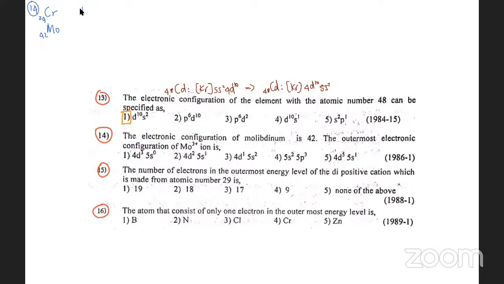For molybdenum, if you write the electronic configuration 42, how will it go? Until krypton, and then it is 5s2 4d4 if you just write it normally, but we know that is incorrect.